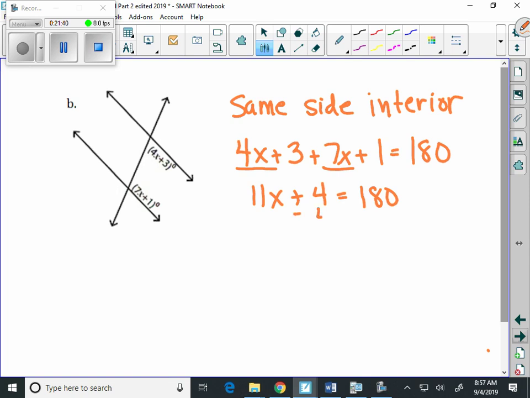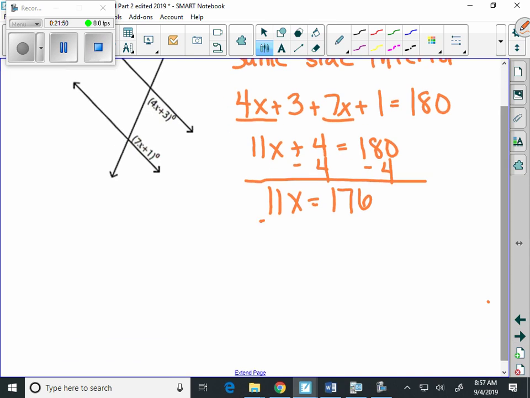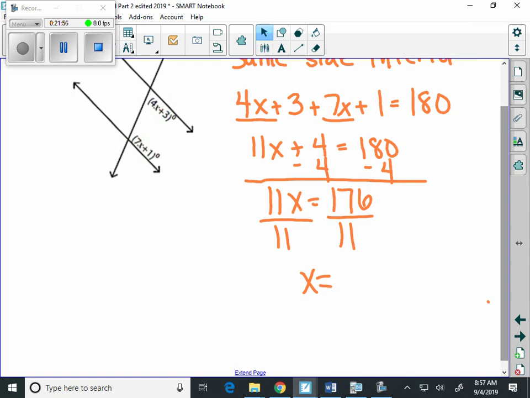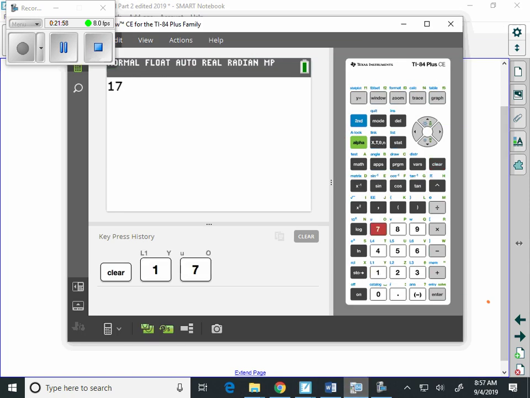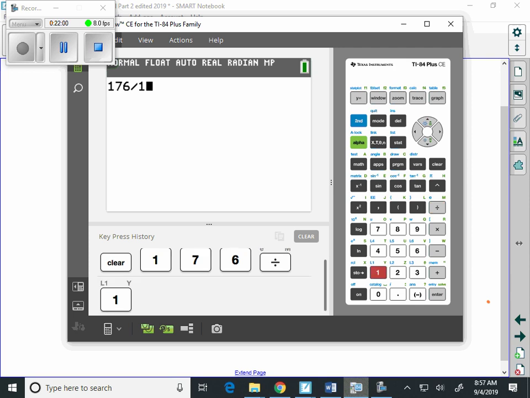If we subtract 4 from both sides, we get 11x equals 176. And then we want to divide both sides by 11. You can use decimals, you can use a calculator here. 176 divided by 11, 16.